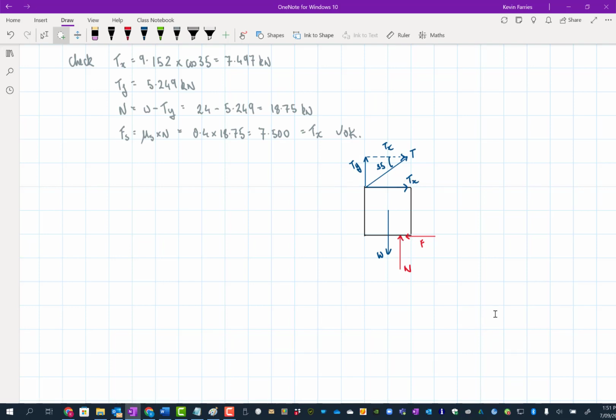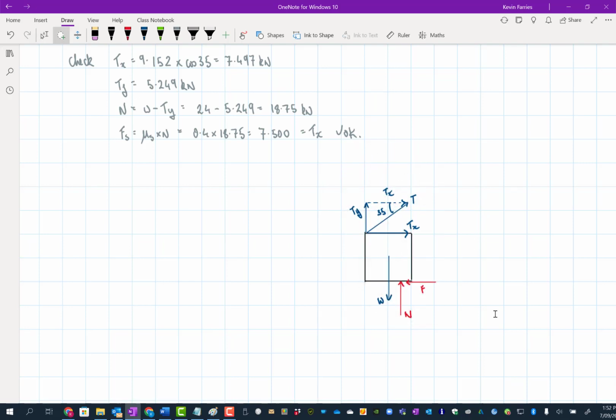Let me just move this down a fraction. So that tension is trying to rotate this block like so, and the point of rotation would be A there. So let's try and figure out our overturning moments.